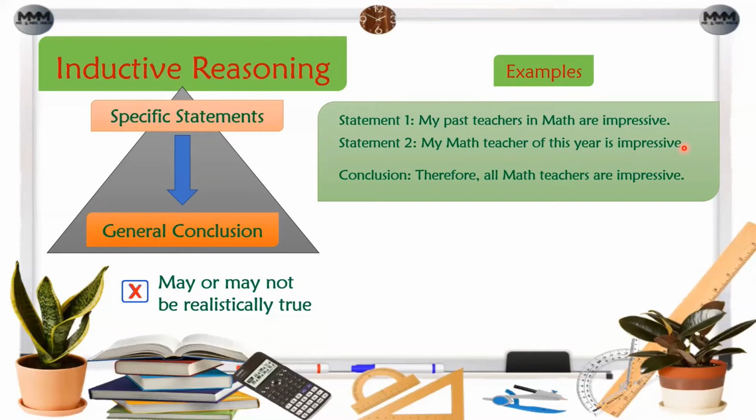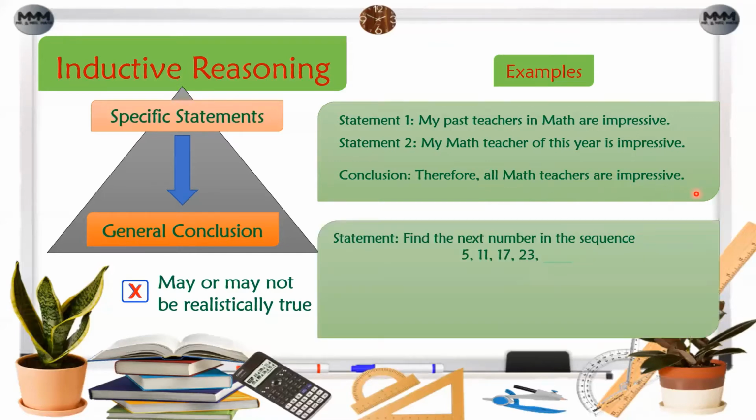Now take note that we are basing this on specific statements. Here, these are all specific statements. And then you concluded that all math teachers are impressive, meaning you generalized. So this is an example of inductive reasoning.